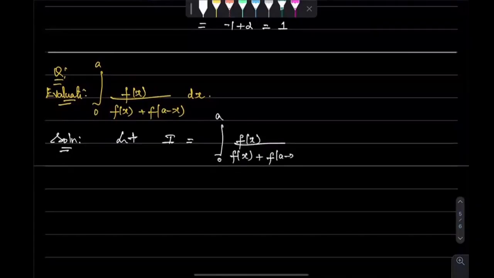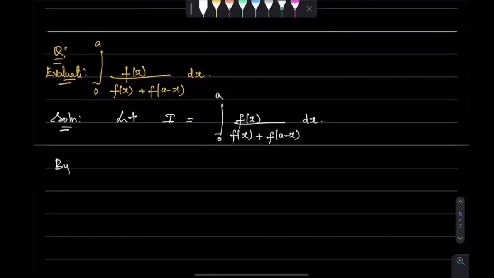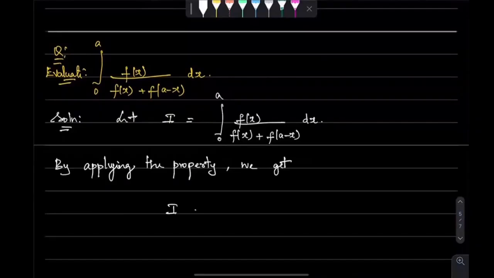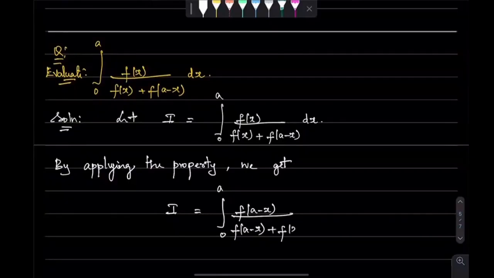So by applying the property, I is equal to the integral from 0 to a of f of a minus x divided by f of a minus x plus f of x, dx. Everybody got the same?